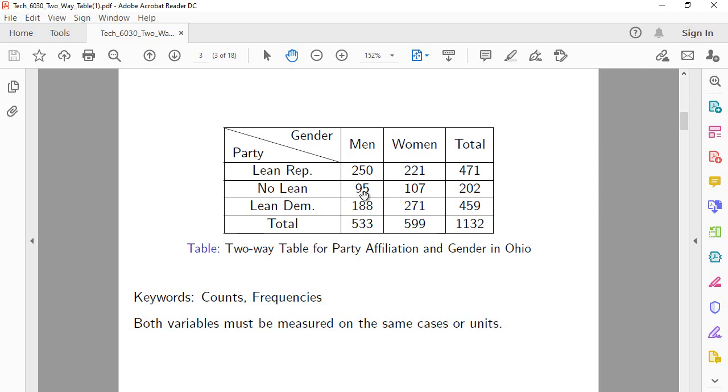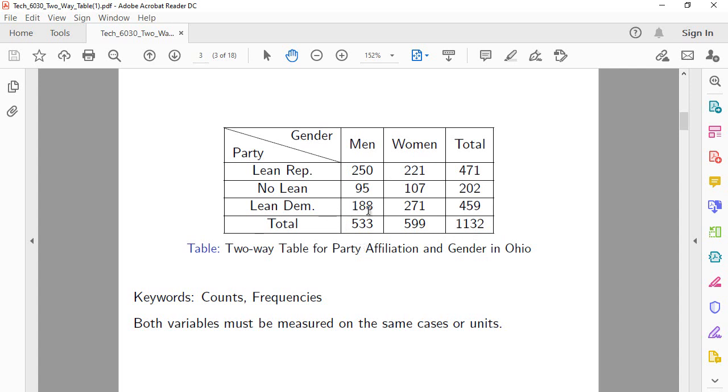If you look at 95, that is the count of men who did not lean toward any of the parties, and 107 is the count of women who did not lean toward any of the parties. So among all the adults, 202 of them did not lean toward any of the parties.